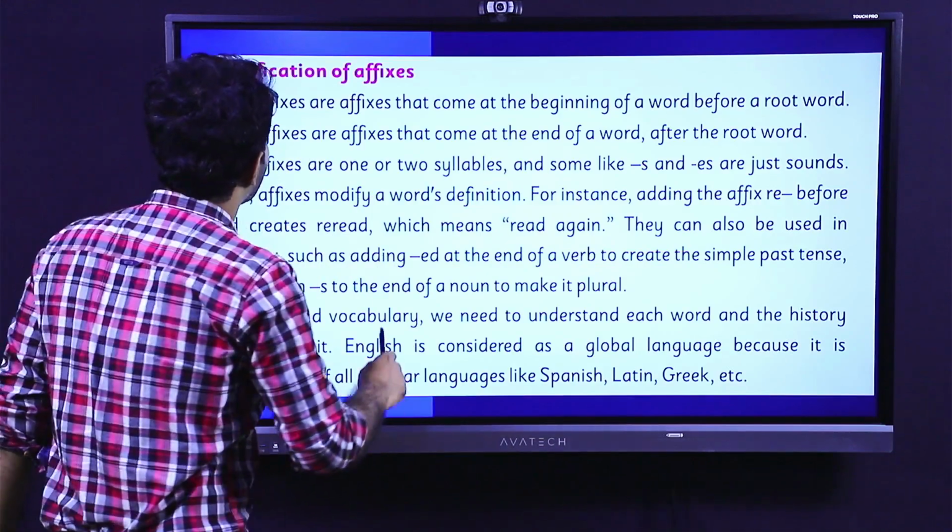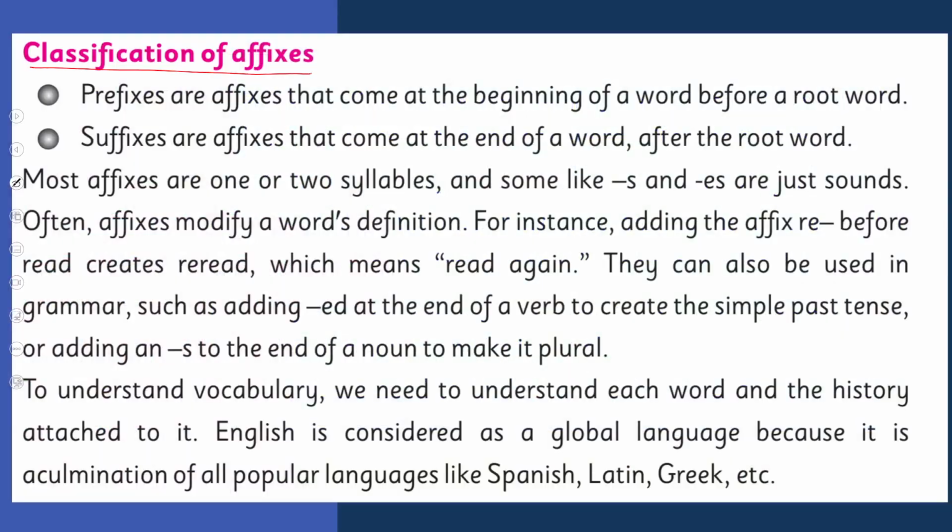Now let's classify. How can we classify affixes? Prefixes are affixes that come at the beginning of a word before a root word, and suffixes are affixes that come at the end of a word after the root word. Most affixes are one or two syllables, and some like S, ES are just sounds.